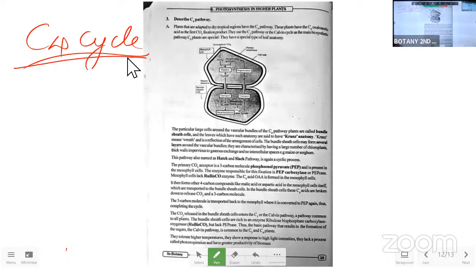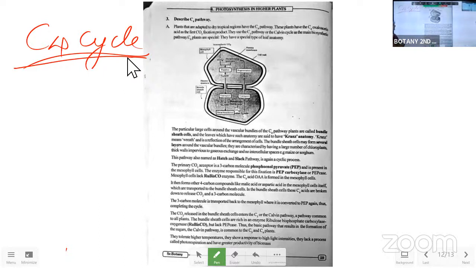Okay, understood? So here the C4 cycle occurs in the mesophyll tissue of the leaf. That's the third point we have read. The first and second points are that the C4 cycle is also called the Hatch and Slack cycle, which occurs in plants like sugarcane and maize. The best examples are maize, sugarcane, etc., and these plants can tolerate temperatures of 35 to 45 degrees centigrade.